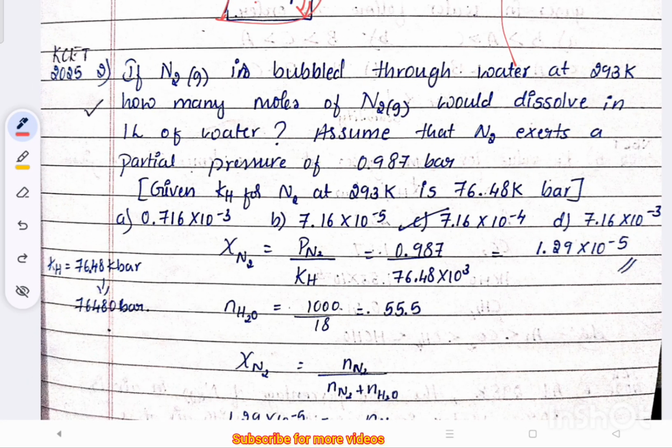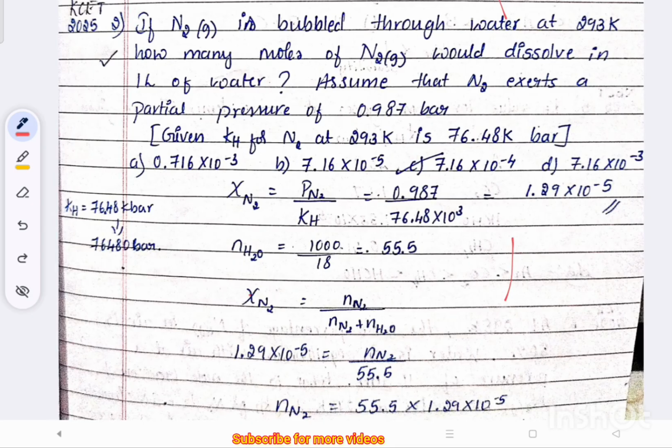If N2 gas is bubbled through water at 293 Kelvin, how many moles of nitrogen gas would dissolve in 1 liter of water? Assume that N2 exerts a partial pressure of 0.987 bar and the KH value is given.